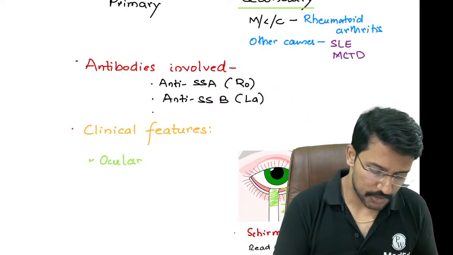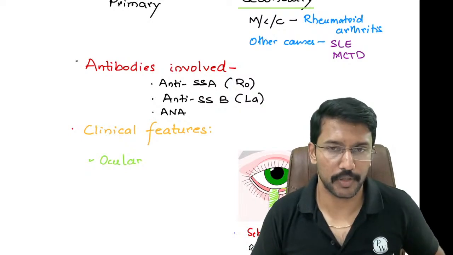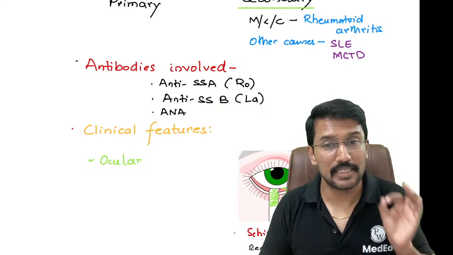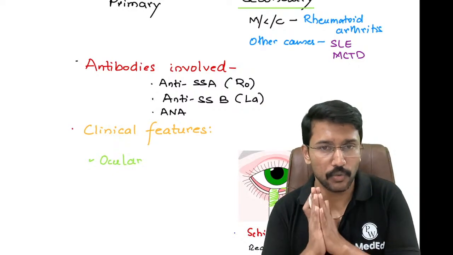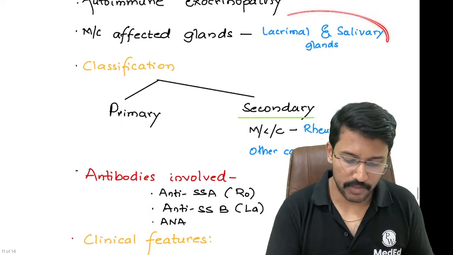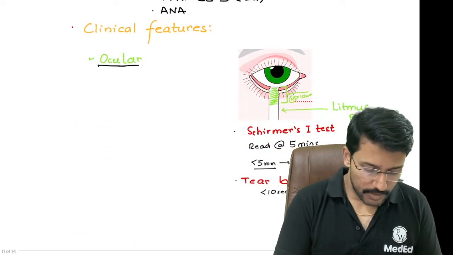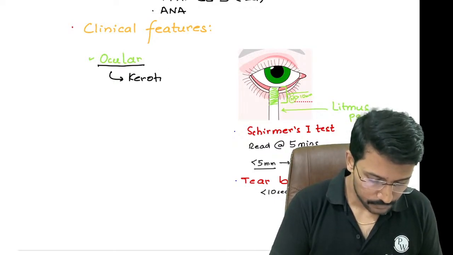Apart from that, these patients can also have ANA, which is why there is a relationship with SLE. So these antibodies, along with the CD4 T lymphocytes, will cause the damage to exocrine glands. So once these exocrine glands get affected, what symptoms will I present with? Lacrimal gland involvement will lead to what we call keratoconjunctivitis sicca.